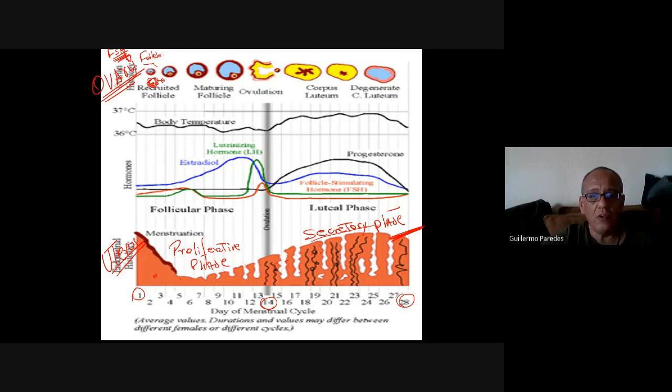The FSH is going to increase when the estrogen levels are very low. The hypothalamus says, oh, you have low estrogens, so we need to increase the estrogen levels in the blood. So the FSH is produced by the anterior pituitary gland, the target organ is the ovary, and it is going to grow 10 to 12 of these follicles. Then the FSH keeps coming, and from these 10 to 12 follicles, they are going to start growing.